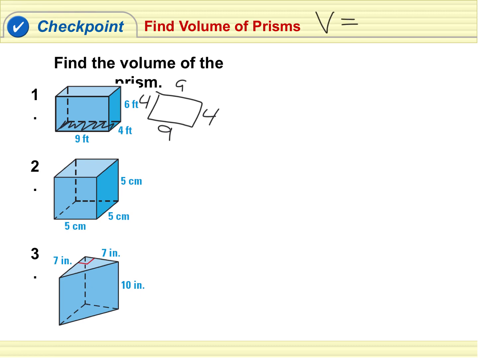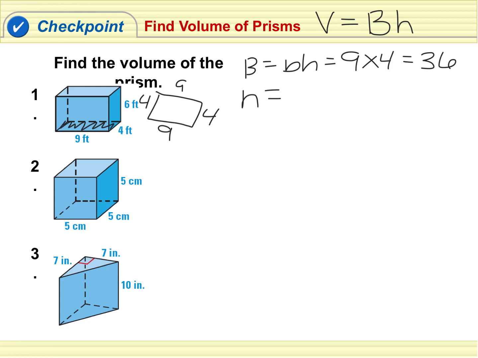What is it? Area of the base times height. Remember, capital B stands for area of the base, not just base. So we need to find the area of the base. How do I find the area of the base? Yep, base times height, 9 times 4, which is 36.